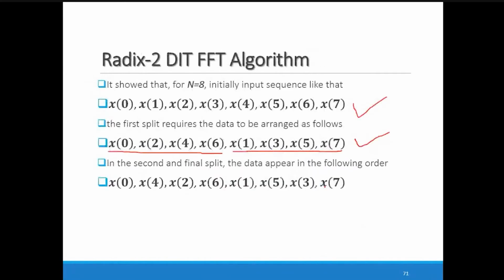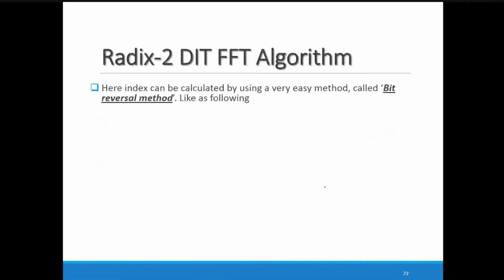In the last stage, our sequence is in this particular order. Let me explain the one new technique we are using in this DIT algorithm. Here the index can be calculated by using a very easy method, which is known as the bit reversal method.